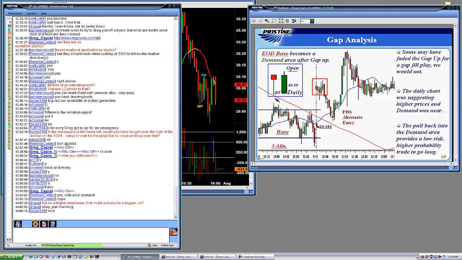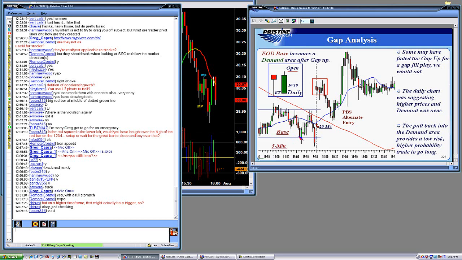On all of these next slides, we have this blue box here, and what that is showing is the two current daily bars. The red slash here is the open of the new day, and the red box here is the prior candle.